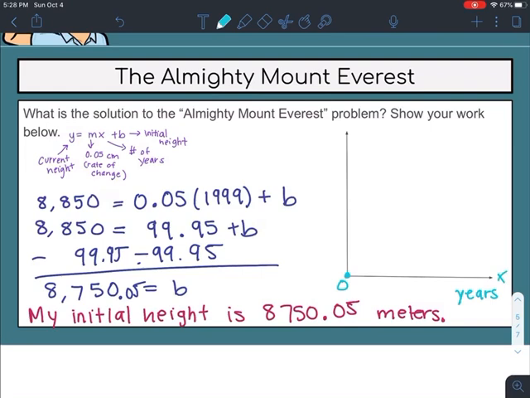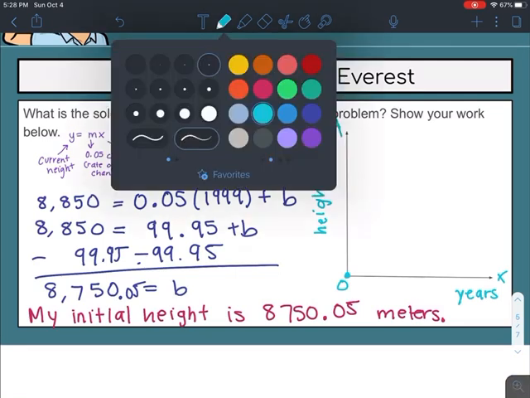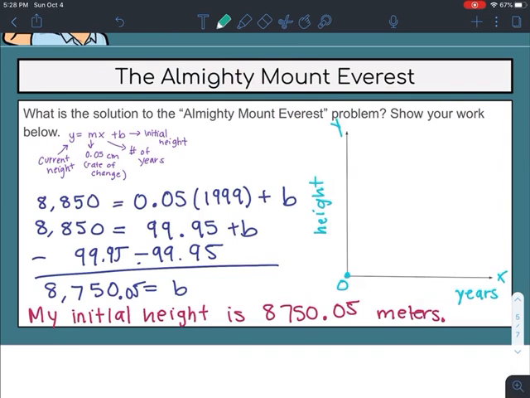So this is x and this is y, and here I have the height. Let's say, for example, I'm going to modify the scale of the graph a little bit. Let me write that a little bit better.